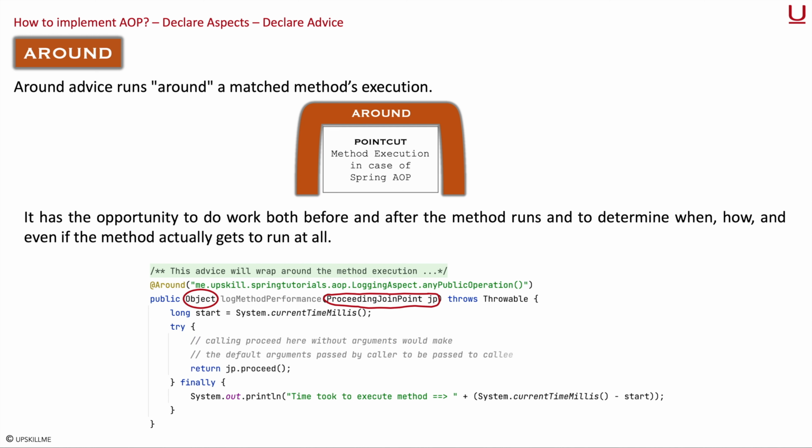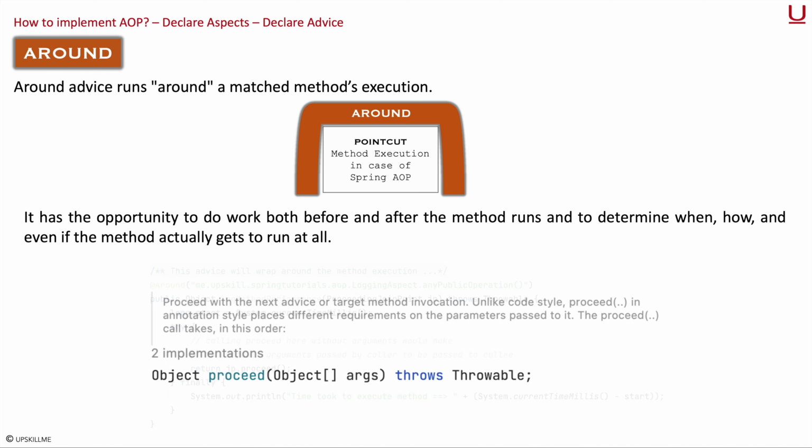Within the body of the advice method, you must invoke proceed on the ProceedingJoinPoint in order for the underlying method to run. Invoking proceed without arguments will result in the caller's original arguments being supplied to the underlying method when it is invoked. For advanced use cases, there is an overloaded variant of the proceed method which accepts an array of arguments.